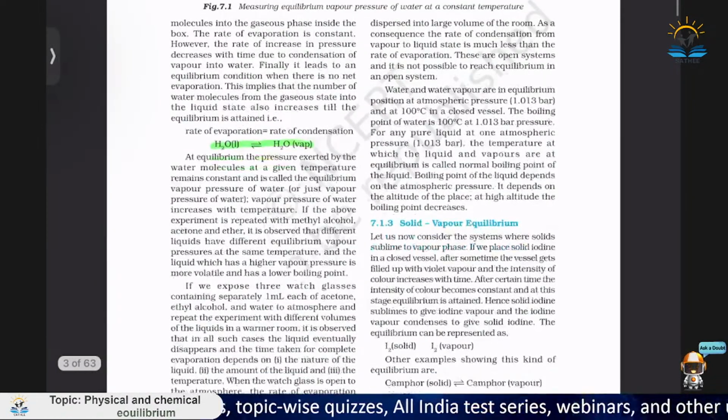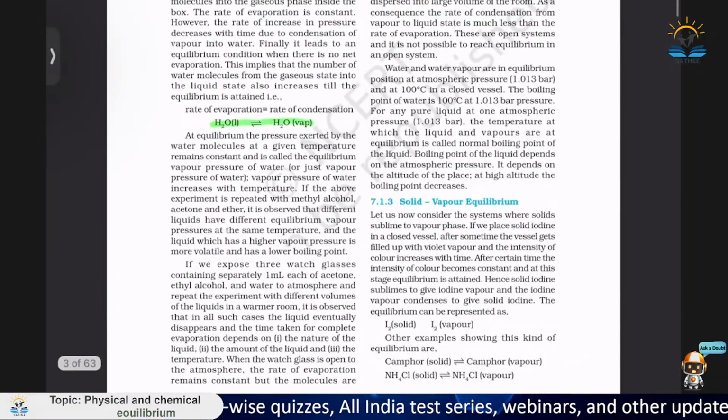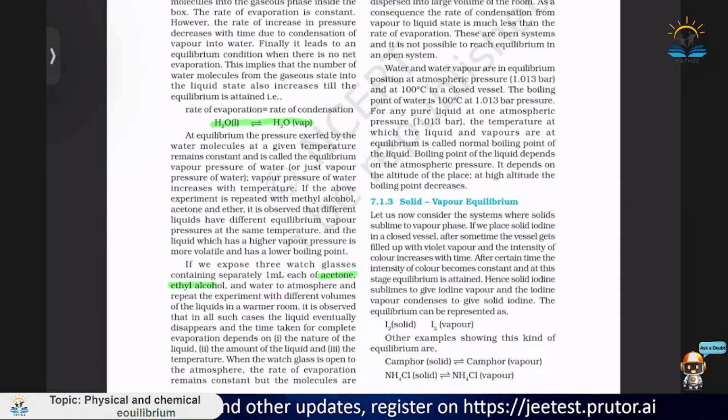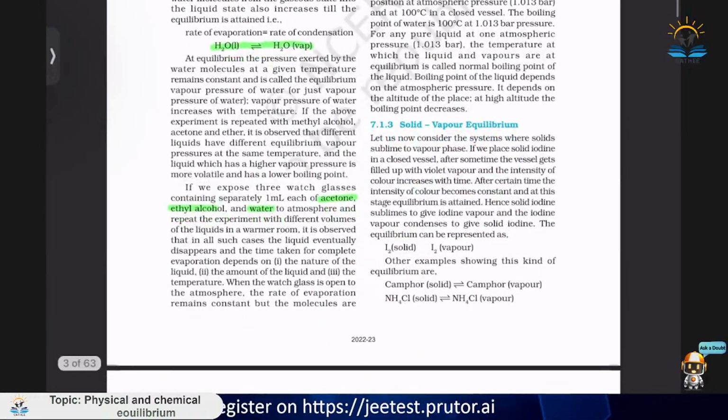We discussed in the previous class about vapor pressure, how it depends on the surface, how it depends on the liquid, and how it varies in different solutions. If we take different liquids, for example acetone, ethyl alcohol, and water, it is observed that the liquid eventually disappears in an open room.